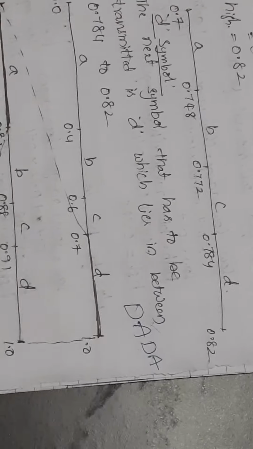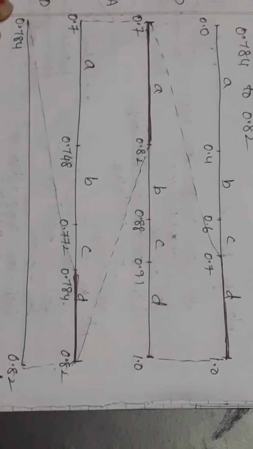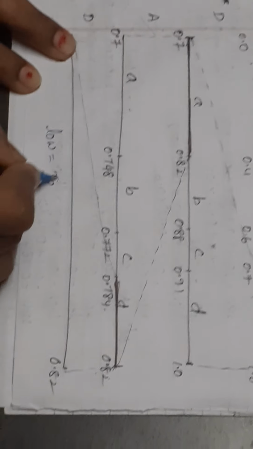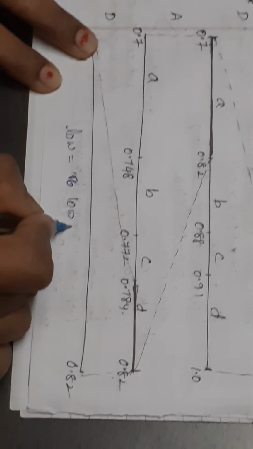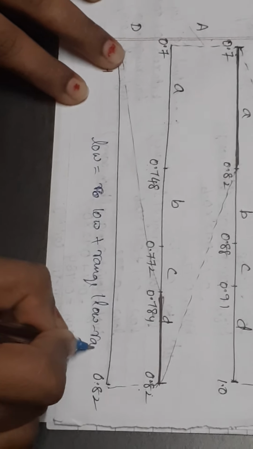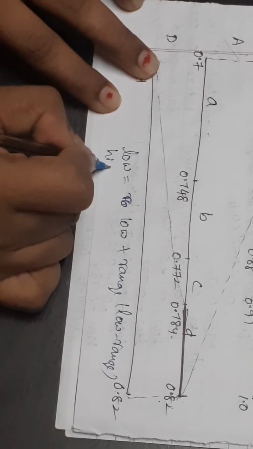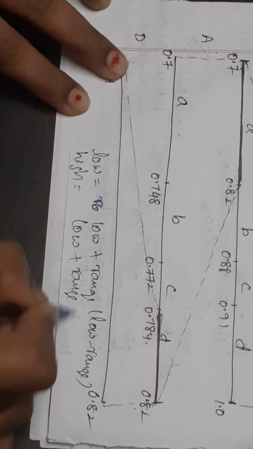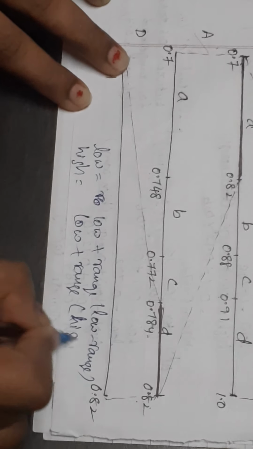Suppose you want to transmit DADA. So here once again using this D interval, 0.784 to 0.82, once again write the low equation. Low is equal to low plus range into low range, and similarly high is equal to low plus range into high range.